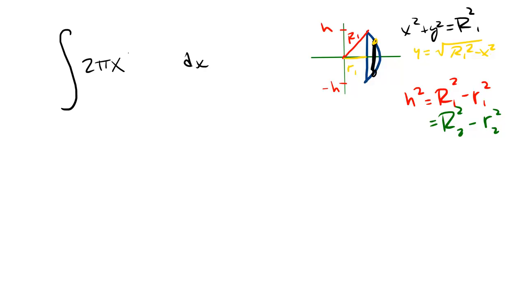And there's that distance up and that distance down, so it's going to double. So the height is going to be 2 times that root, R1 squared minus x squared. Great. And then the bounds are, well, what does x vary from? x varies from little r1 all the way out to capital R1.